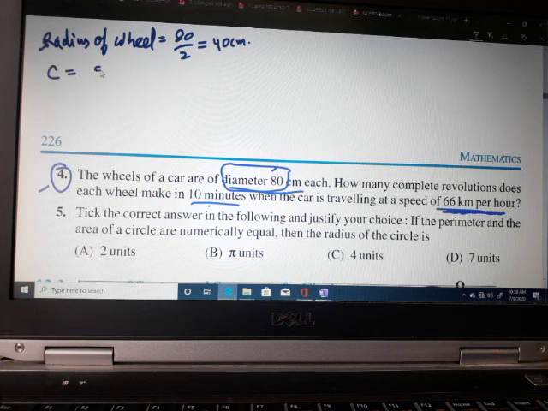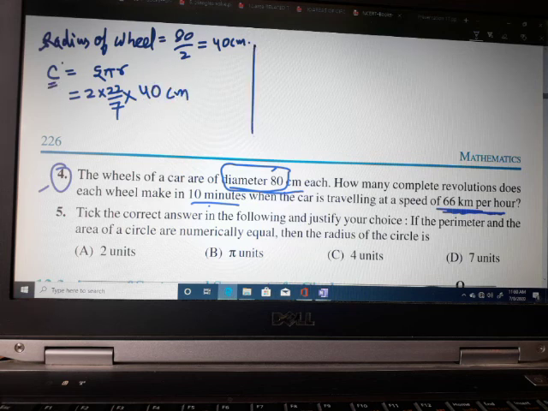Circumference of the circle is equal to 2 pi r. 2 into pi value 22/7 into the radius of the circle, 40 centimeter. This is the circumference of the circle. Now we have to find the total number of revolutions. Number of revolutions is given by total distance upon circumference of the circle, the distance covered in one round.